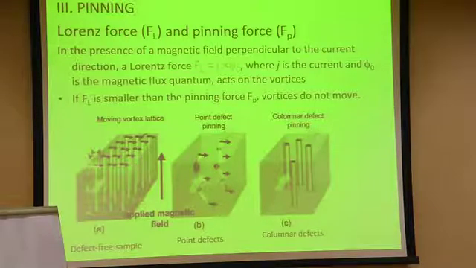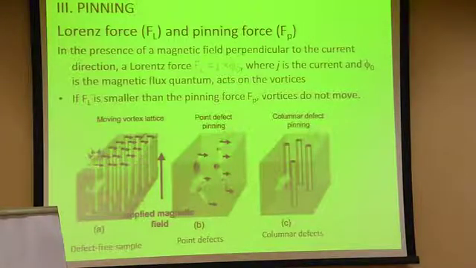We need to stop them moving. How can we do that? We can do that by creating pinning. So what is pinning? Pinning is a mechanism which locally decreases the free energy of the vortices in such a way that the vortices would like to stay there for the sake of minimizing their free energy.